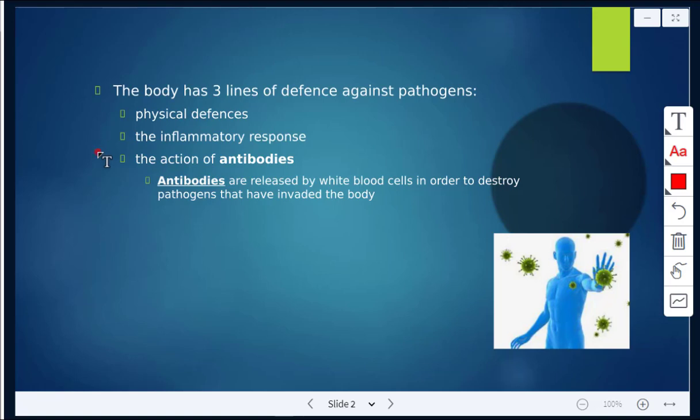And then the third line of defense that we're going to talk about next class is the action of antibodies. And the action of antibodies, this is going to be more specific. So these first two were general responses. It doesn't matter which pathogen entered. There will be these general responses. The action of antibodies is going to be very specific to the specific pathogen that has entered the body.